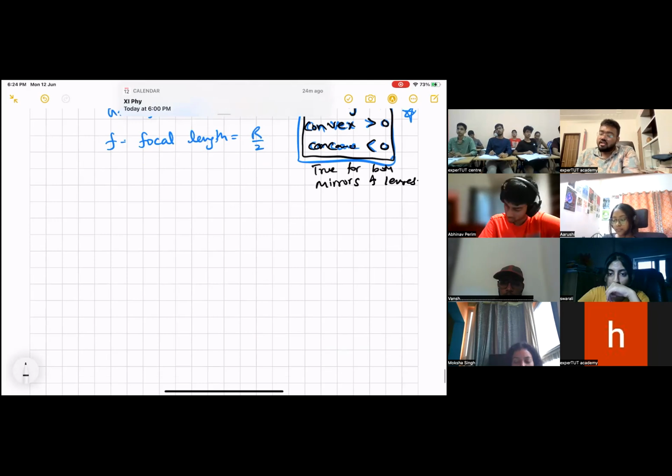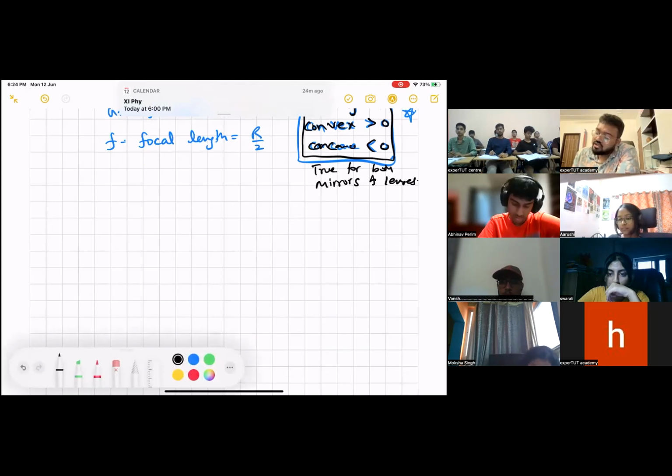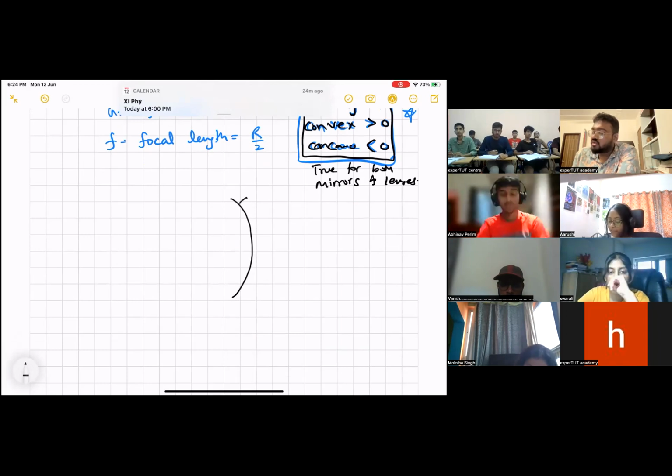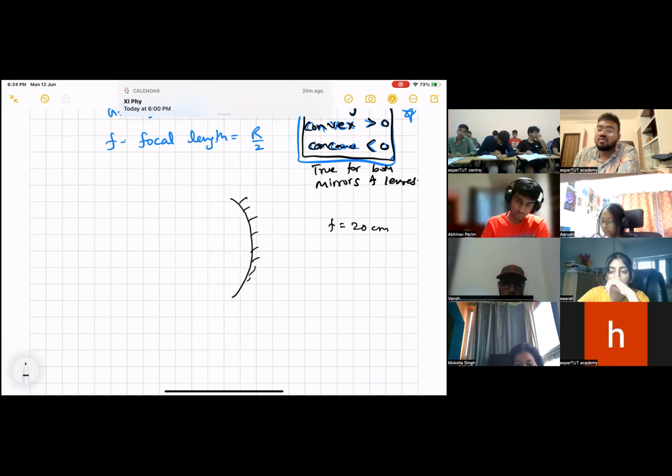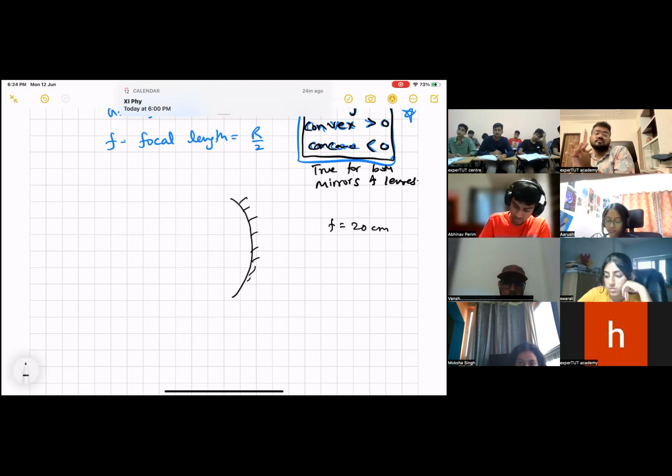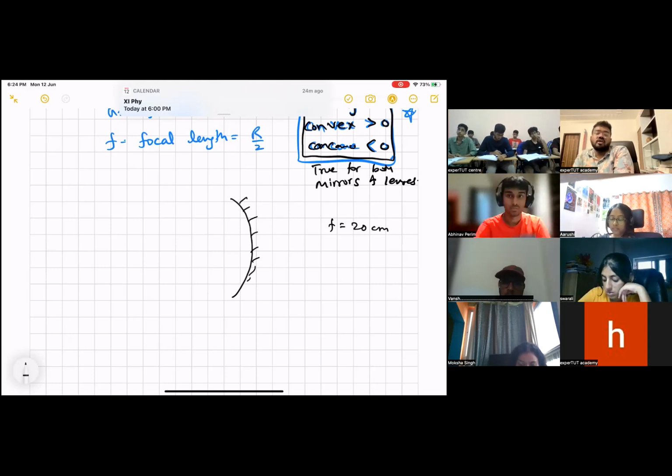So a question comes like this, for example: let's say there is a concave mirror whose focal length is 20 centimeter. Whenever you say concave mirror, f is actually equal to minus 20. Okay, it's a mirror.